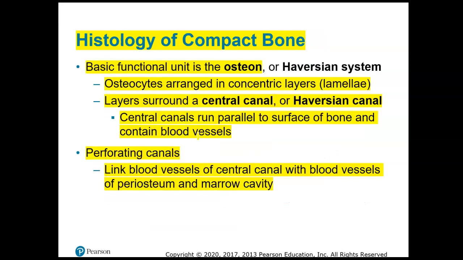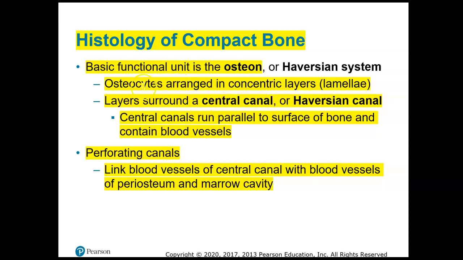And they end up connecting those living bone cells, those osteocytes, to blood vessels. All right, so compact bone tissue is composed of units of bone called osteons. Now, the osteon is going to contain a central canal, and that's where the blood vessels will run within that canal.